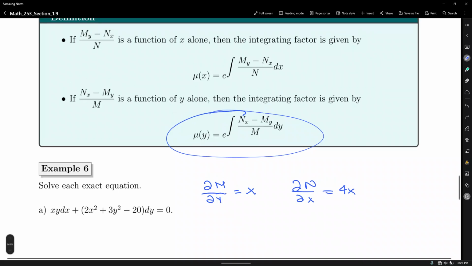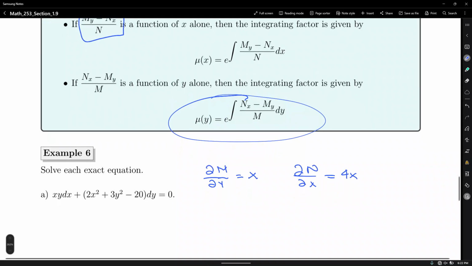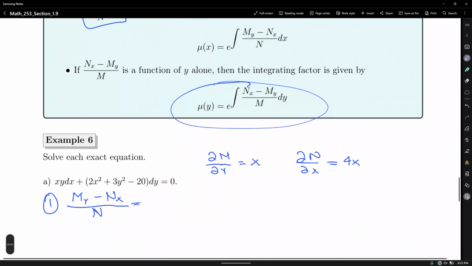So we're going to explore two options. Number one, let's see if the integrating factor is just a function of x. M with respect to y minus n with respect to x, divided by n. We have it at the top, right? So x minus 4x, divided by n, 2x squared plus 3y squared minus 20.